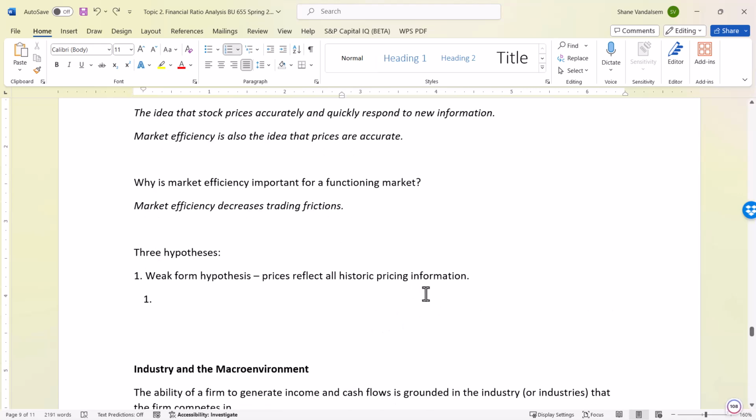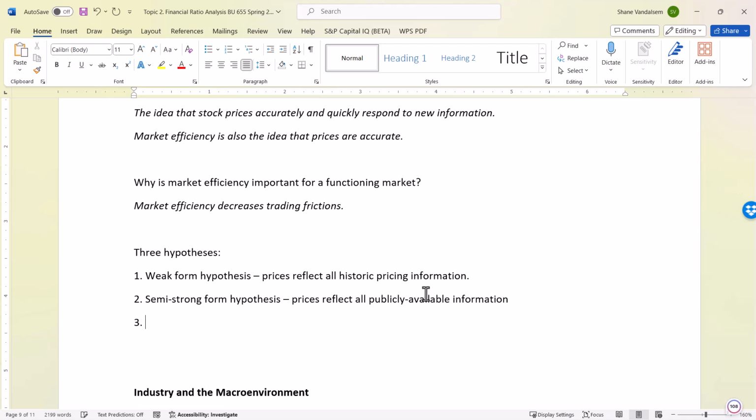The semi-strong form hypothesis says that prices reflect all publicly available information. And then the final hypothesis, the strong form hypothesis, says that prices reflect all public and private information.